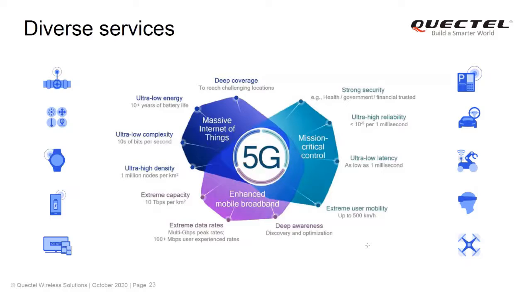Now all these massive Internet of Things are a 5G support for this industry, like ultra low energy and ultra low complexity. This is for NB-IoT devices. Deep coverage also. Ultra high density, like many devices per same cell, so in urban areas.